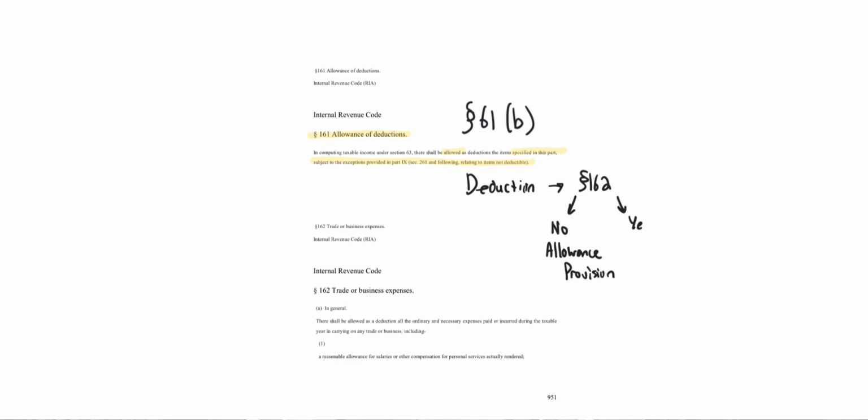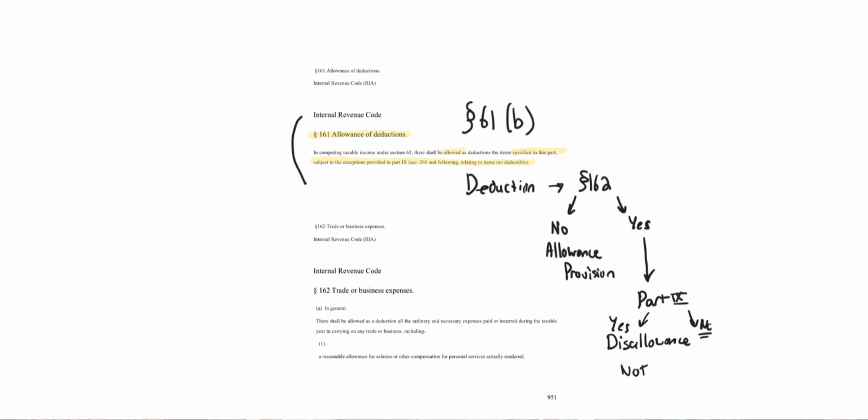But if there is an allowance, a specific allowance, then you have to continue on and you have to look at part 9. And part 9 is disallowance provisions. If there is a disallowance, so yes, then it's not on the tax return. But if no, then it is on the tax return. And that's how it works. And that's exactly what section 161 says. It sets up that order. So keep that in mind when you're looking at these deduction areas.